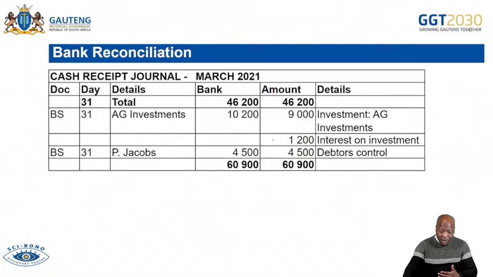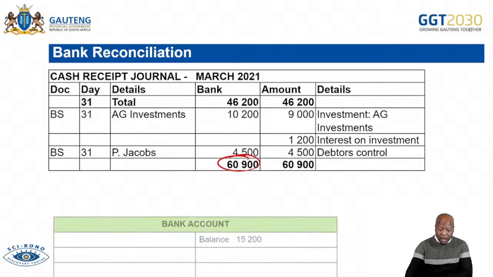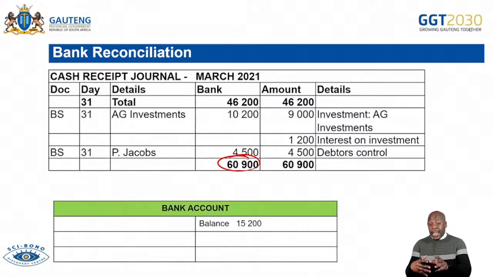We begin to total our journals. So here in the CRJ, remember in the CRJ, we have our 60,900. Where do we take that one? We take it to our bank account. Again, there are several ways of doing this calculation of the bank. There's the one where you do the straight line. I thought, you know what, let me just use the general ledger, because this is what we know from grade 10, from grade 11.